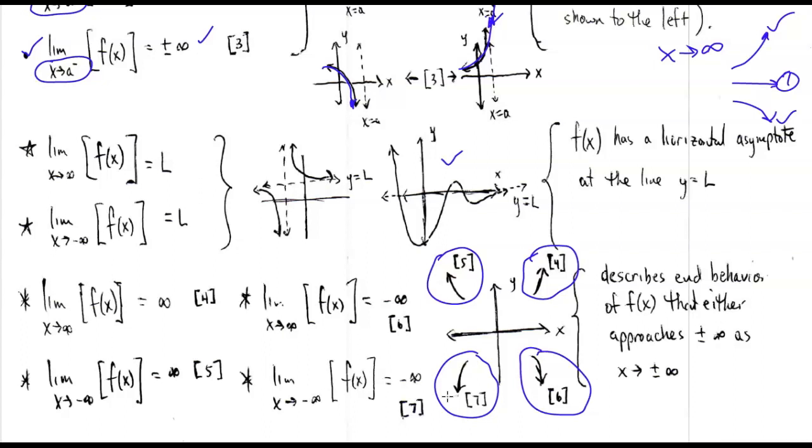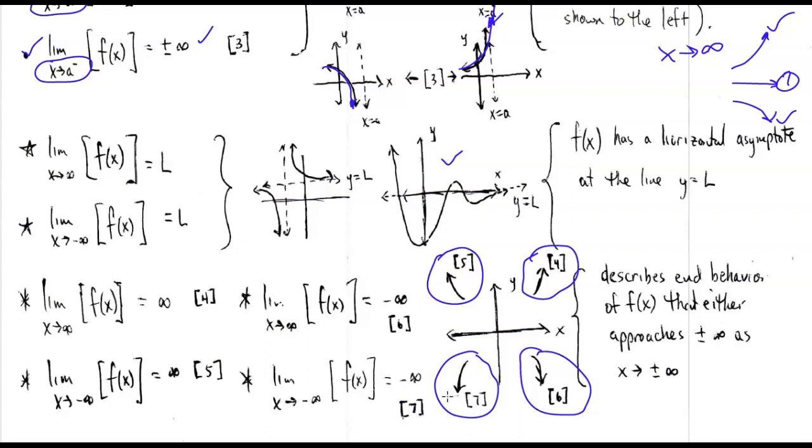Can you draw me a function that has all these properties? And what we're going to do is express the properties that we want in a particular function by using limits and/or other things that we know from pre-calc.